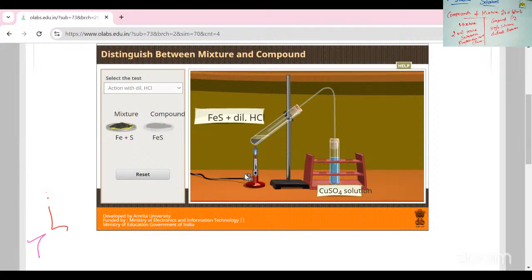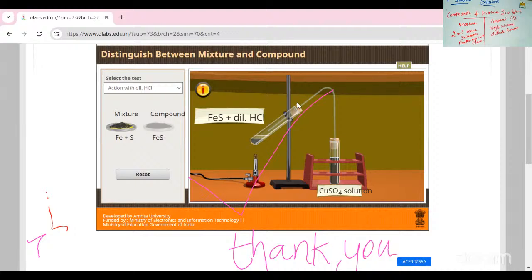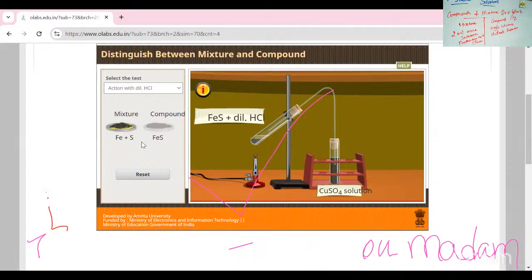So the second test I am choosing now. The burner is in position. Yes, the action was done here. And then I remove the test tube. Sorry, with the help of this part, we can identify the mixture and then the compound.